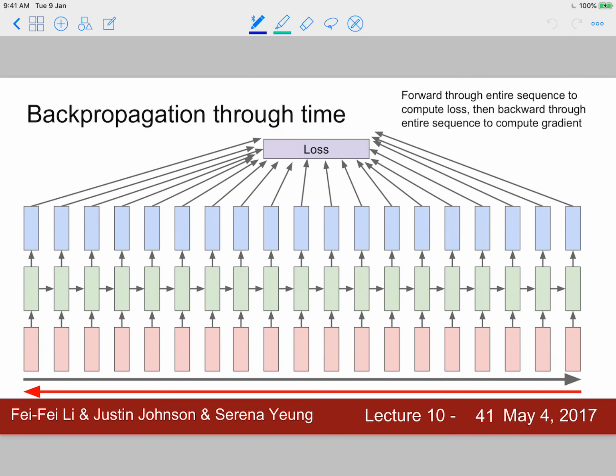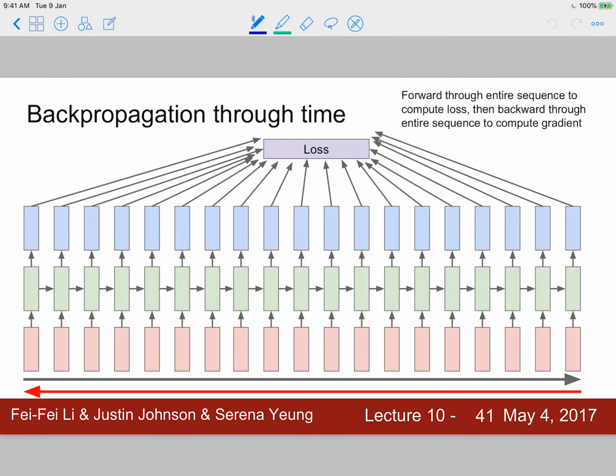So here, the gradient coming from this direction with respect to this WHY, and then another gradient coming from this direction with respect to WHY.